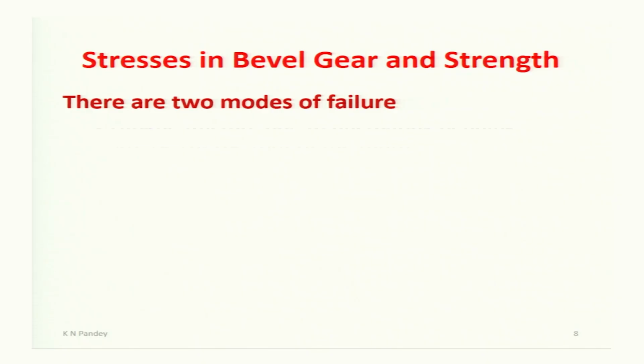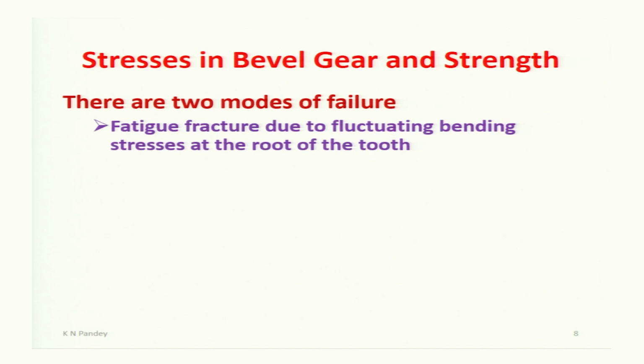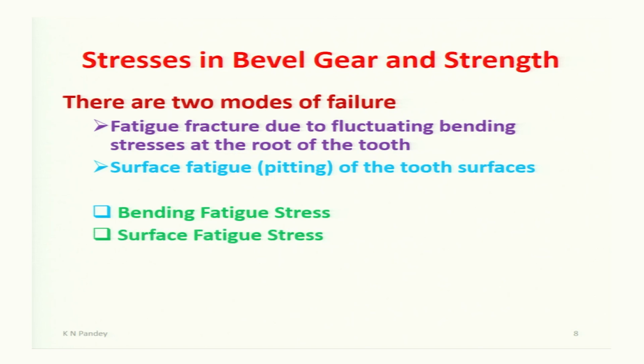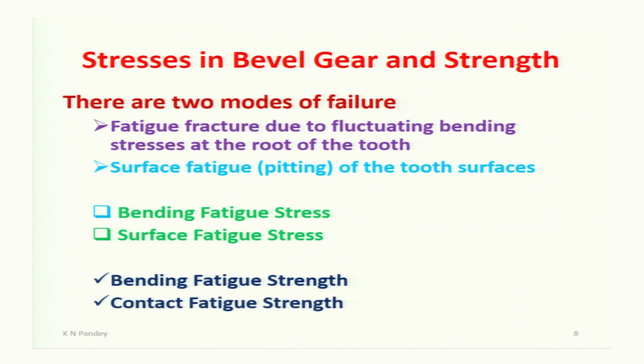So, there are two modes of failure in the case of bevel gear also: fatigue fracture due to fluctuating bending stresses at the root of the tooth, and surface fatigue pitting of the tooth surface. So, bending fatigue stress we have to determine, the surface fatigue stresses we have to determine, thereafter bending fatigue strength and contact fatigue strength.